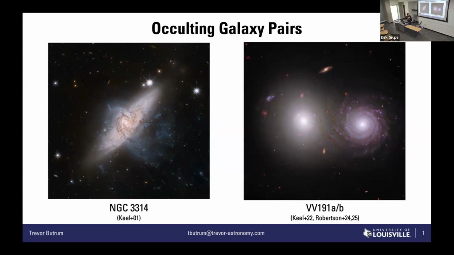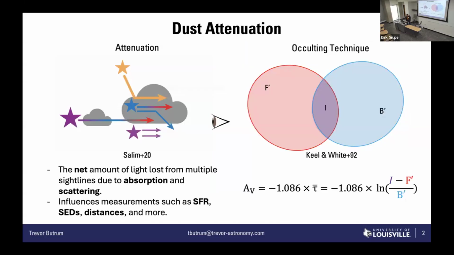And this is VV191, which was also discovered by Keel, and Dr. Howard and Clayton worked on it. Essentially there's a foreground galaxy and a background galaxy, and they overlap each other. The background galaxy acts as a light source or a light table, like Dr. Howard said, and lights up the outer edges of the galaxy, or in this case, pretty much the whole galaxy.